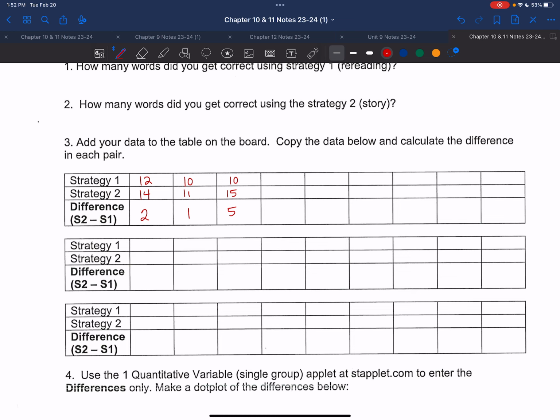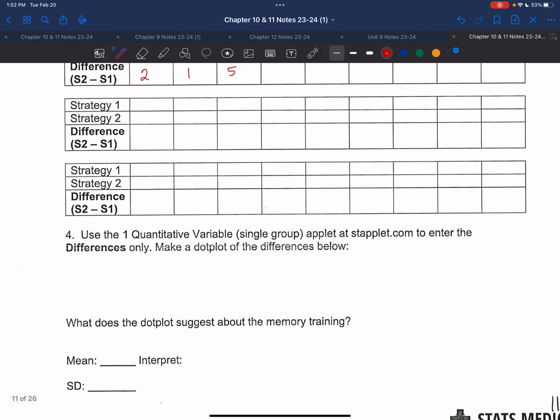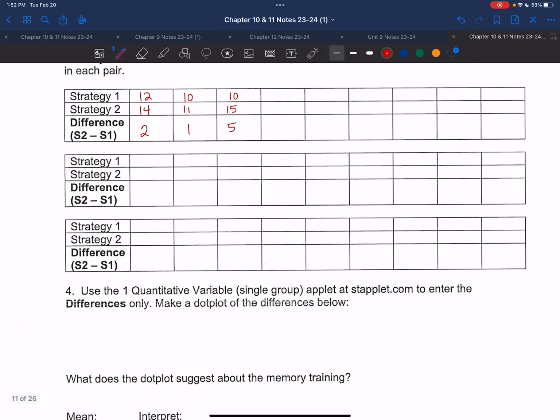So let's say, for example, that on number 4, it says make a dot plot of the differences below. Let's say all of these were filled out for each one of us. Now, the main thing I would be looking at: each person has 2 different strategies and 1 difference.